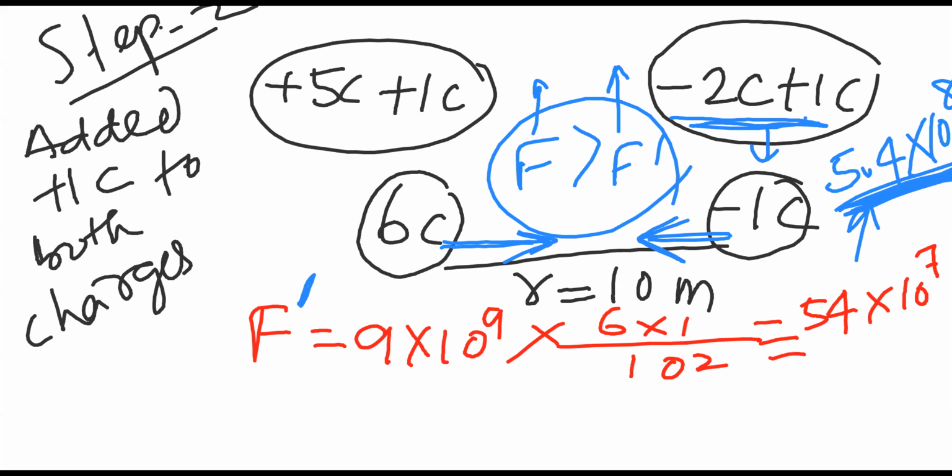Everyone understood this, how the system gets changed when added? This plus 5 becomes plus 6, and minus 2 becomes minus 1 because you are adding plus 1 coulomb to each. Okay, good.